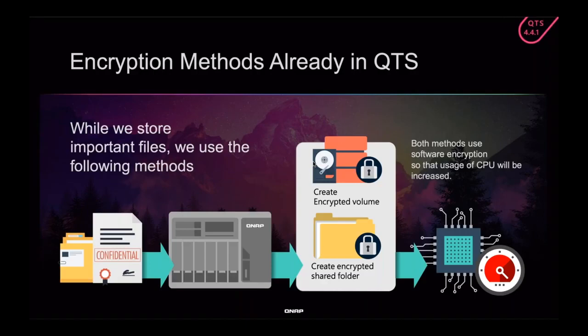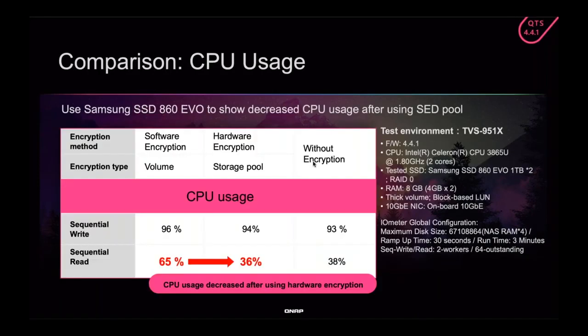Now we still support our old ways of encrypting. I mean, you could still use the NAS to make an encrypted volume or encrypted folder, and that still works just fine. It's just that there is some performance penalty when the NAS has to do the encryption. So what's new is now the NAS doesn't have to handle it, the SSD handles it, and that means less stress on the CPU. So in this example, when the NAS handled the encryption, the CPU is at 65%, but with SED SSDs, it can be just 36%.